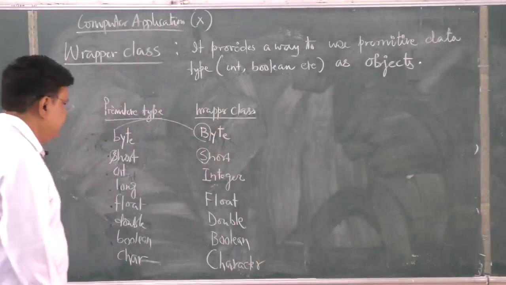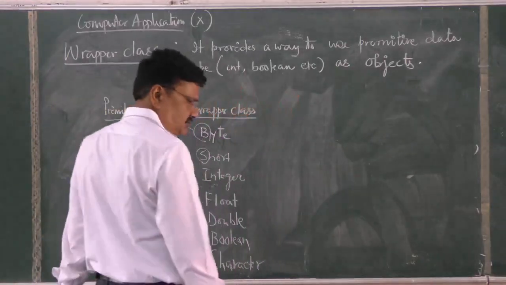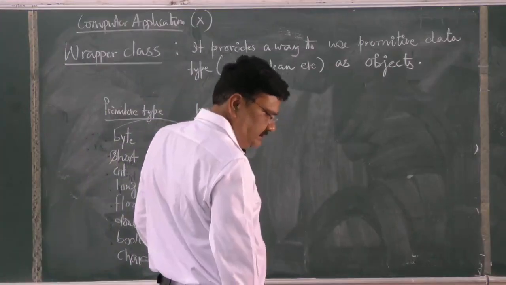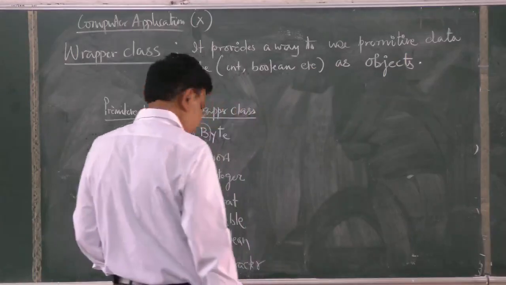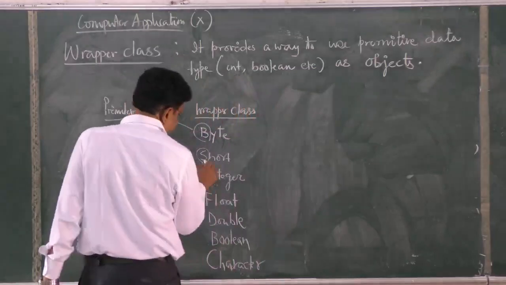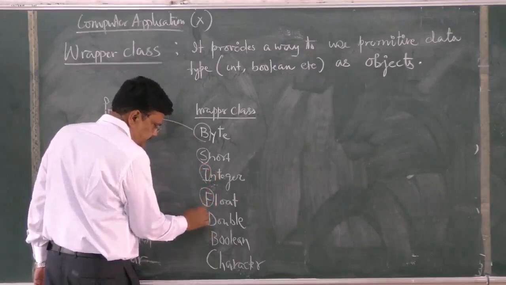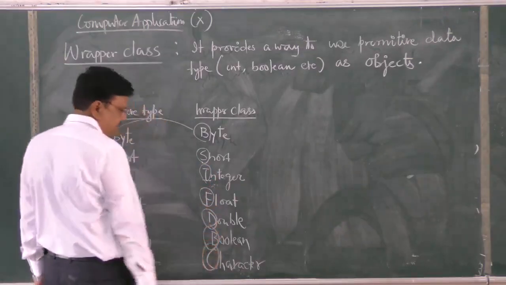Now these are the eight: we have Byte, Short, Integer, Long, Float, Double, Boolean, and then Character. These wrapper classes are represented with a capital letter only. The first letter has to be a capital letter.